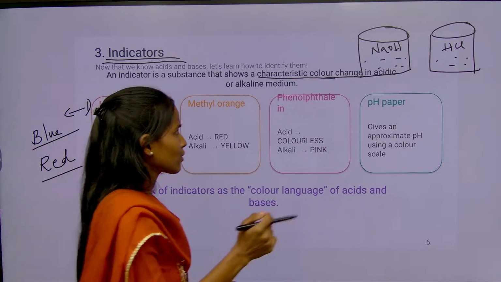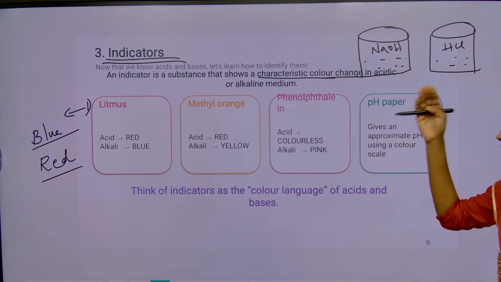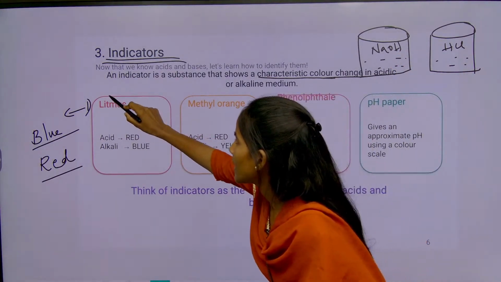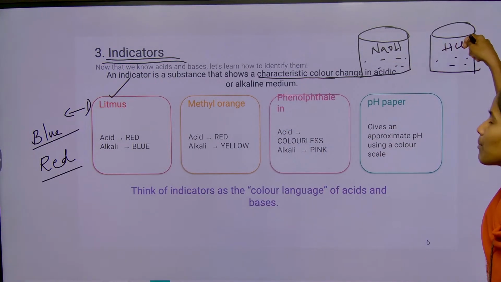If we are taking a solution, for example NaOH solution and HCl solution, and we take blue litmus paper and dip it in HCl, hydrochloric acid, what will happen?